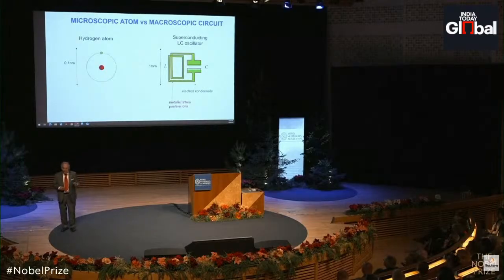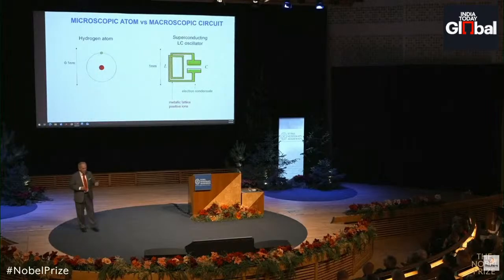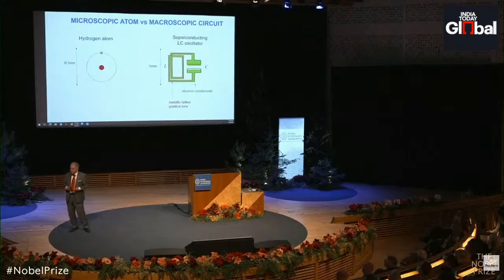And on the right, you have the equivalent system, but of course the dimensions are many, many orders of magnitude larger. You have this electrical circuit, which is a coil, an inductor shunted by a capacitor. And in that system, the electrons are going to move bodily from one plate of the capacitor to the other. So let's see what this motion is.